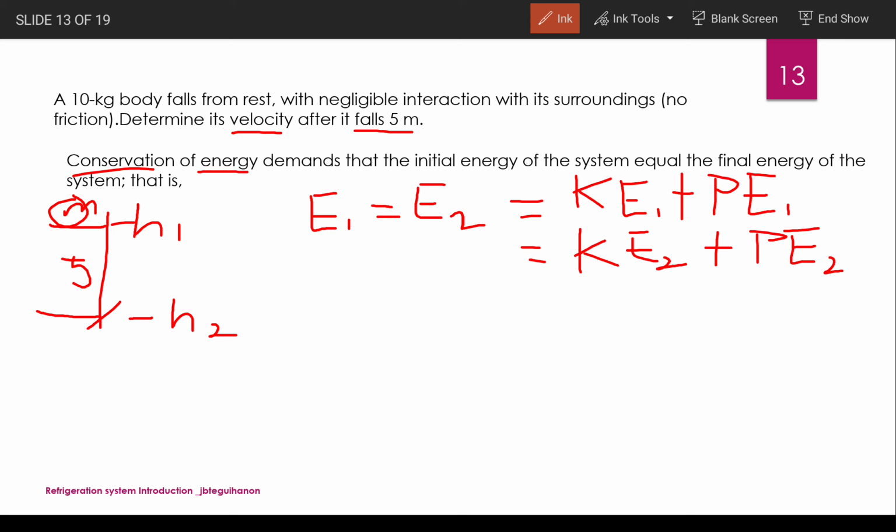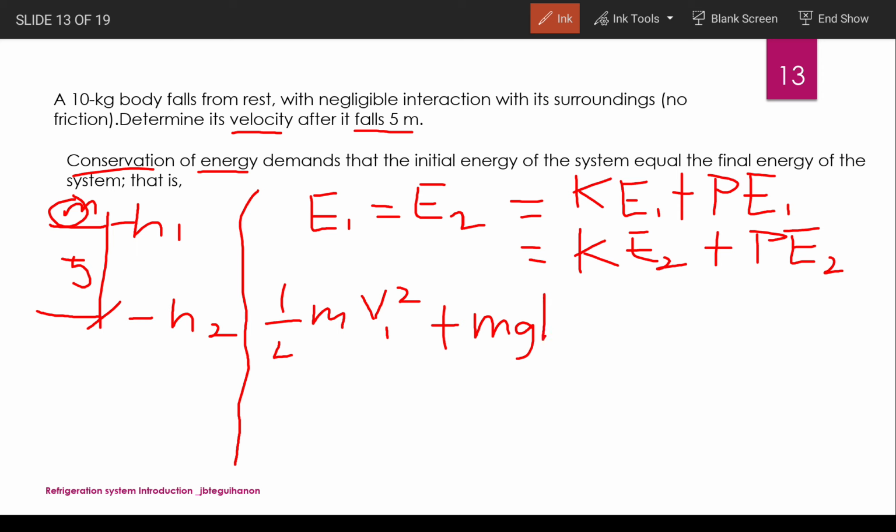We have no space, so I write it that way. Okay, so if we plug in the formula, then we have 1/2 mass times the velocity squared plus potential energy, which is mass times g times h.